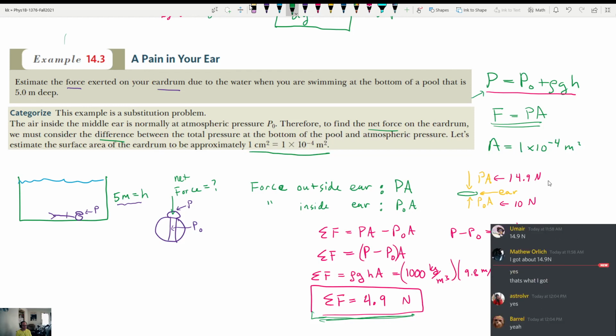Okay, and if you got 14.9, do you see why that's just the pressure from the outside, and you have to subtract the pressure from the inside? I want to make sure that's actually what that number gives you. Let's see.